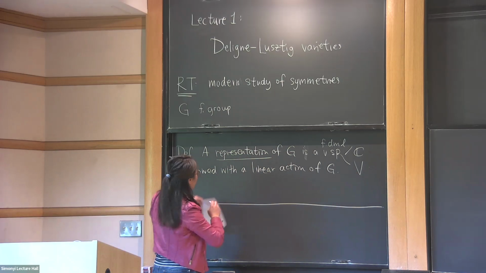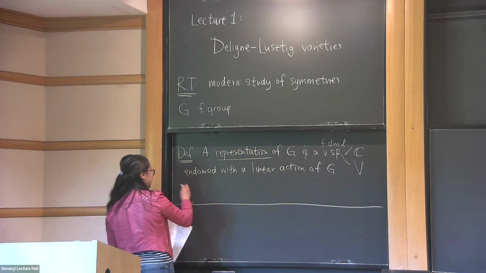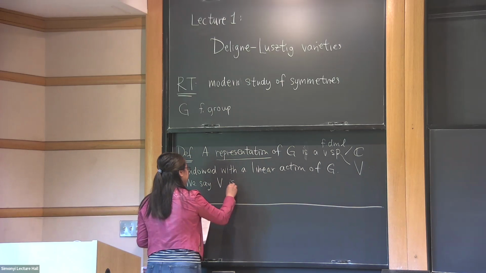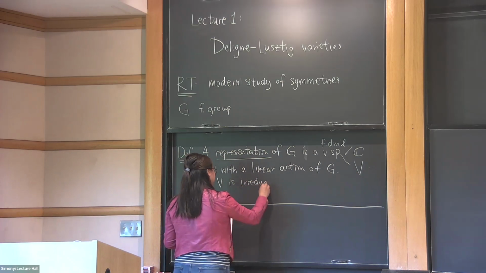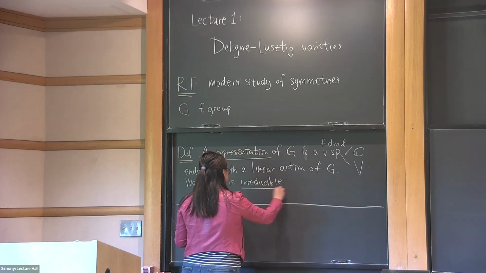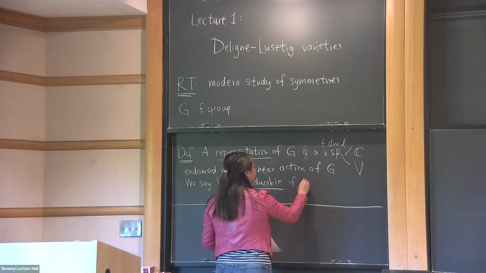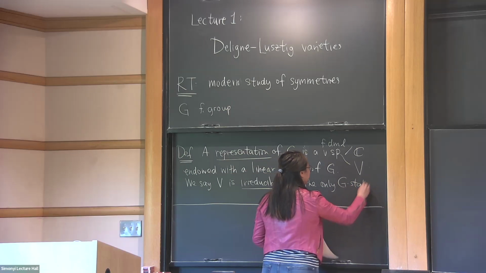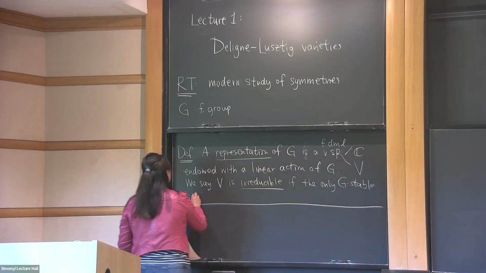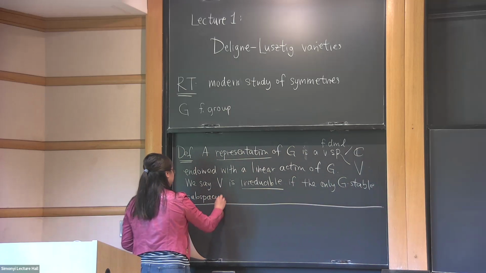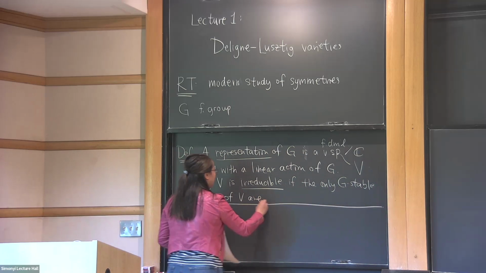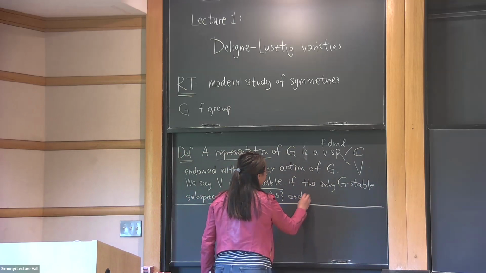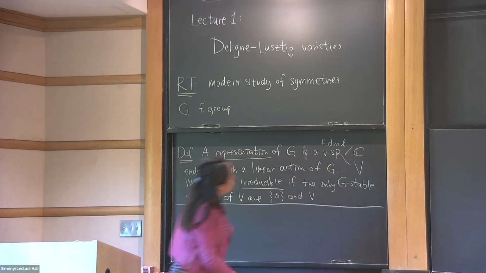Let me say as a comment, first let me say, we say V is irreducible if the only G-stable subspaces of V are the zero vector space and the entirety of V. Okay.